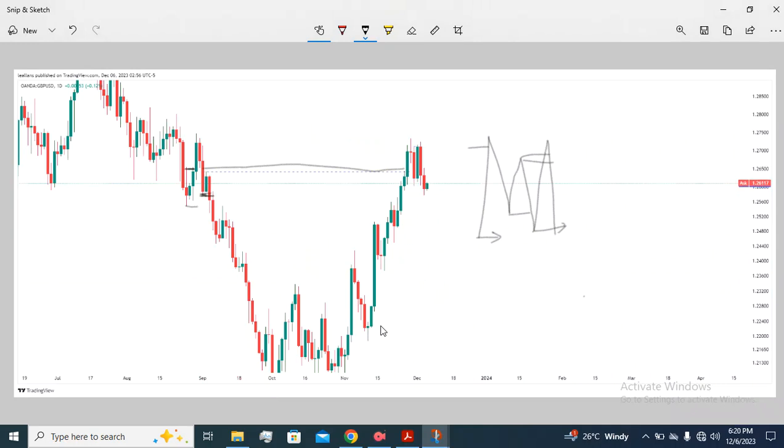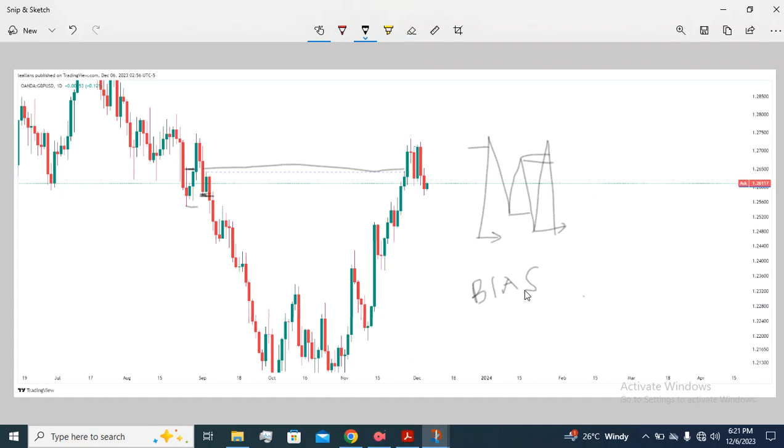There's a statement that the first step to avoid failure is to have a bias. So how do you get a bias? How do you create a bias?